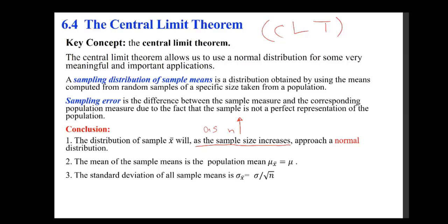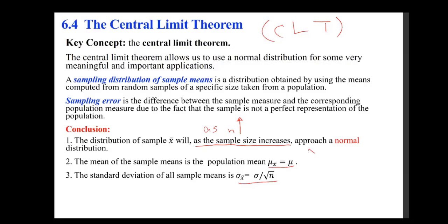And so in that case, the mean of the sample means, mu of x bar, equals mu. Sigma of x bar is sigma over square root of n. So you have a bunch of means. I want to make sure you understand what this means.